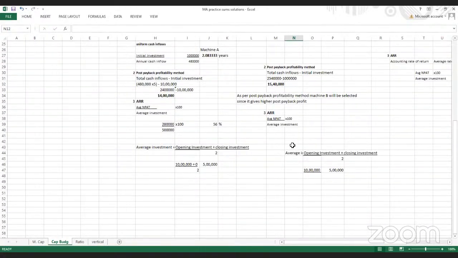Okay. So my average profit after tax is equal to total profit after tax divided by 5 years.